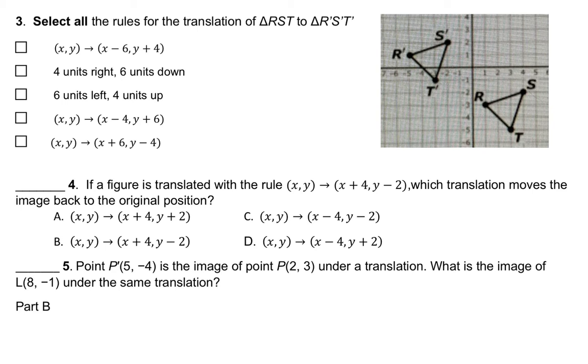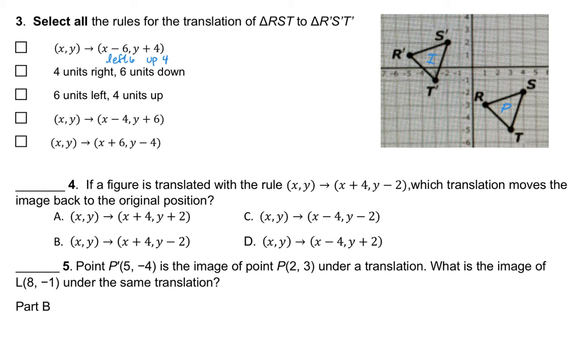Question number 3 says, select all the rules for the translation of RST to R prime. So to do that, I got to wonder how you go from your pre-image here to your image. Would a translation of left 6 and up 4 do the job?